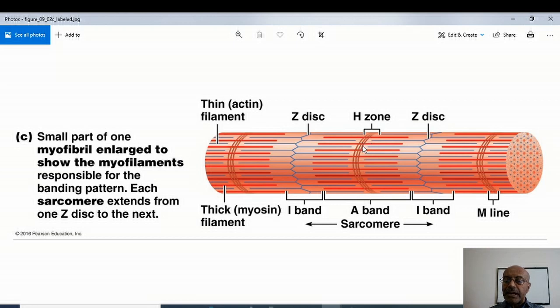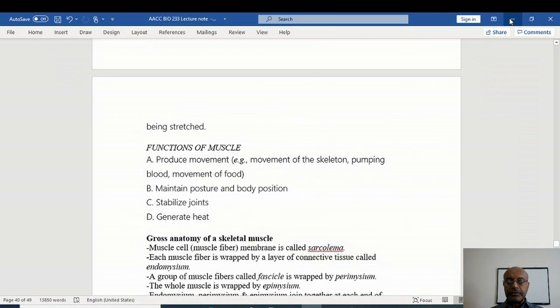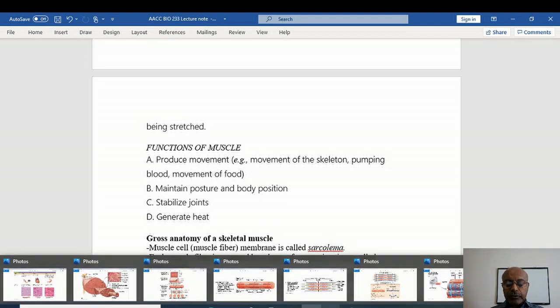This by the side of the M line, where there is no overlap, is also known as the H zone. So when you study, I want you to notice what the H zone is, what the I band is, what the A band is, what the Z disc is, what the M line is. You need to really pay attention to that, because it will help us to understand how muscle contracts.